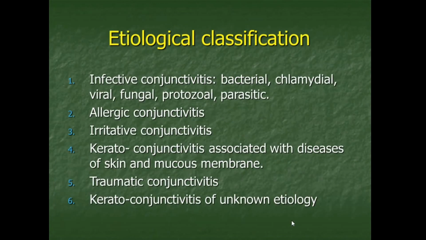We should speak a little bit about classification of conjunctivitis. Infective conjunctivitis are bacterial, chlamydial, viral, fungal, protozoal, parasitic. A big group is allergic conjunctivitis. I would like to say that nowadays more and more patients suffer from allergic conjunctivitis because of our ecological situation, because of our unhealthy food, and so on.